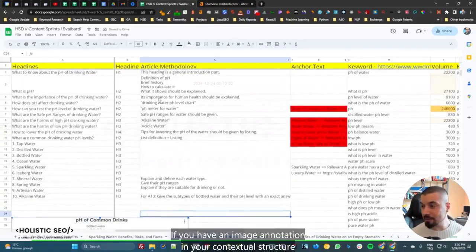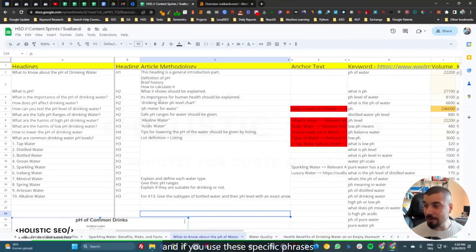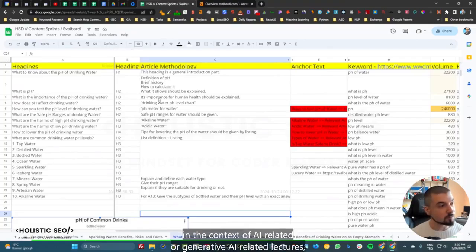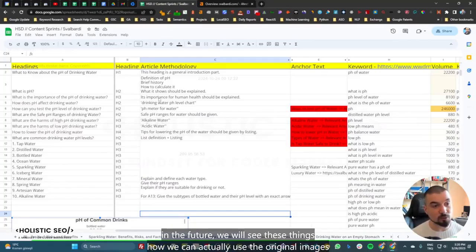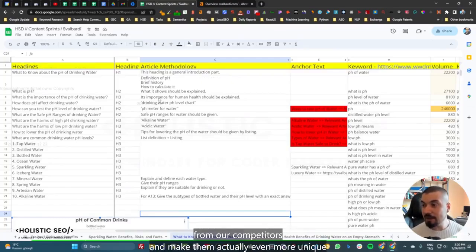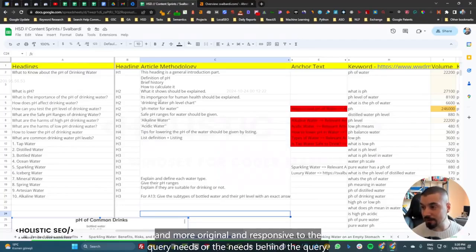If you have an image annotation in your contextual structure, and if you use these specific phrases also inside your paragraphs, you will need to design these images. In the context of generative AI related lectures in the future, we will see how we can use the original images from our competitors and make them even more unique and original and responsive to the query needs or the needs behind the query.